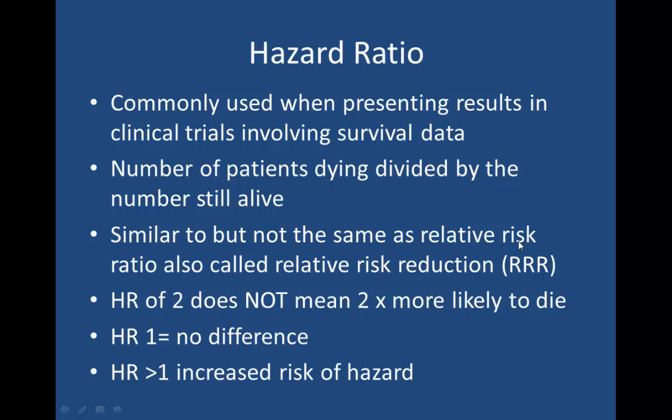So a number greater than 1, there's an increased risk of the hazard, whatever that outcome is. So death or amputation or allergic reaction, whatever the outcome is that they're calculating the hazard ratio for, there's a greater chance of that in the treatment group compared to the control group. What if it's a good thing they're looking for?